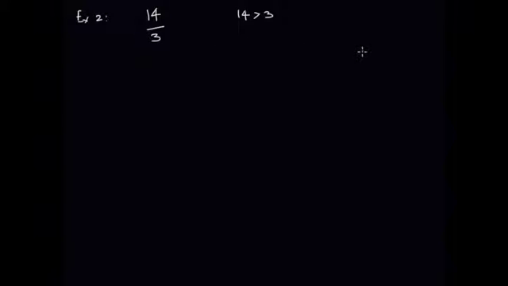The first step would be to divide 14 by 3, which is the denominator. So 3 times 4 gives us 12. You subtract it, you get 2 as the remainder, right? So 4 is the quotient.